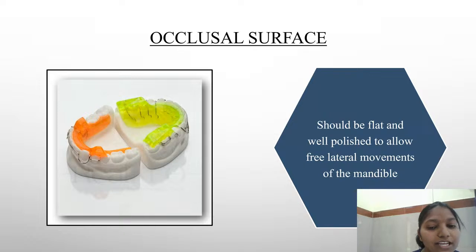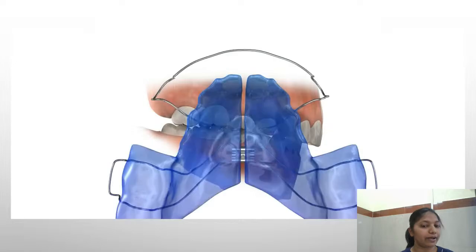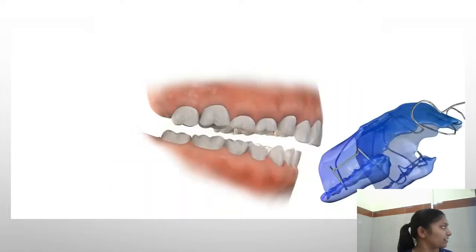If you consider the occlusal surface, it should be flat and well polished to allow free lateral movement of the mandible. This is how the upper and lower blocks are constructed.